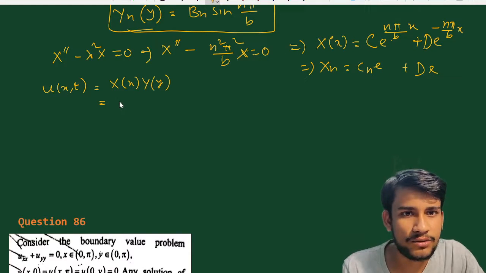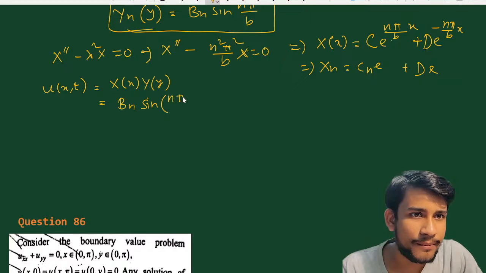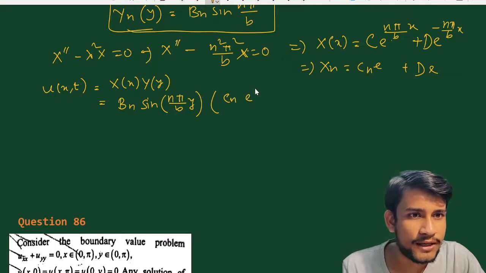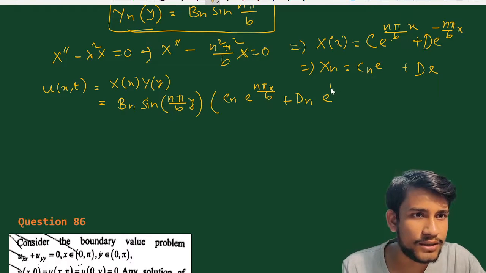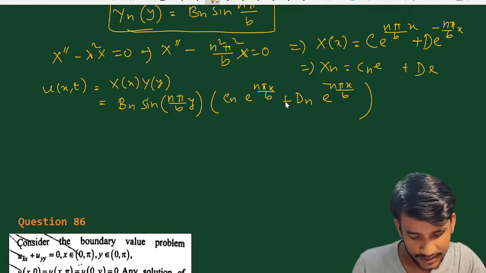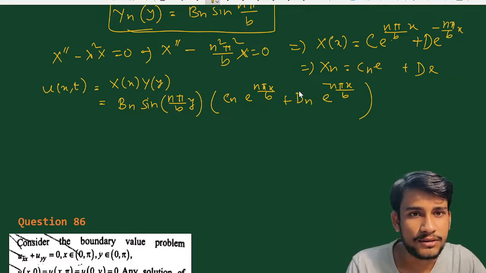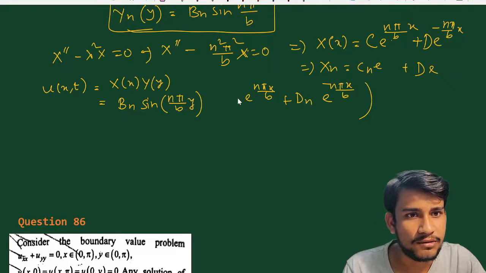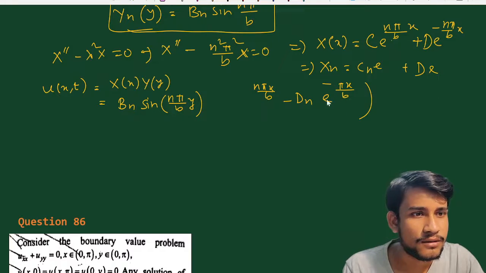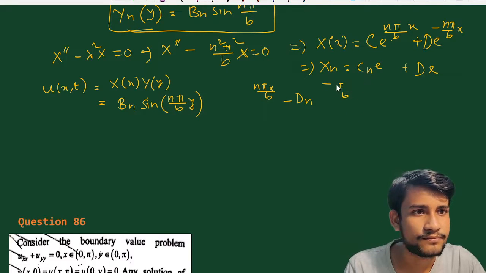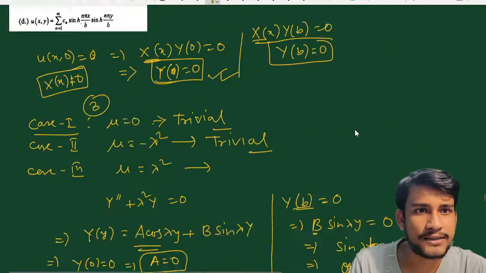So xn x is equal to bn into sine of n pi y by b into cn exponential n pi x by b plus dn exponential minus n pi x by b. This is the solution. Just a minute, this will not be the final form, we have to apply the conditions first.